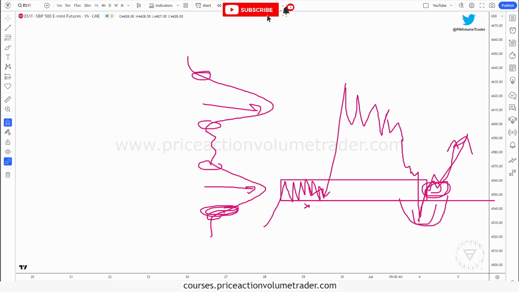But if we spike down into here and then reclaim, so this is a false breakdown, and then we get back above an important support level, then there's a high chance that we could be pushing back up around the breakdown point, etc.